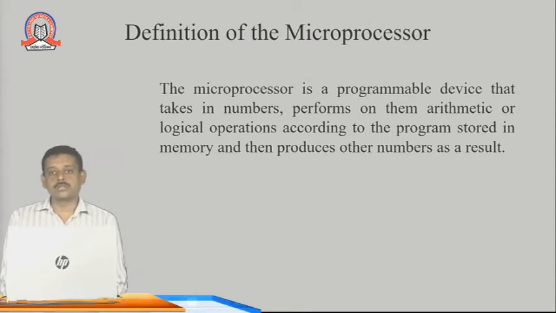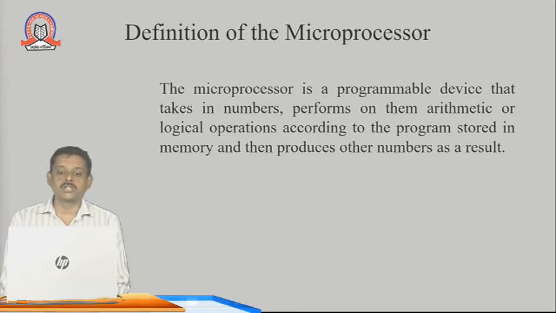So what is the definition of the microprocessor? As we have discussed earlier, the microprocessor is a programmable device that takes in numbers and performs tasks like arithmetic or logical operations according to the program stored in its memory, and it produces other numbers as a result.